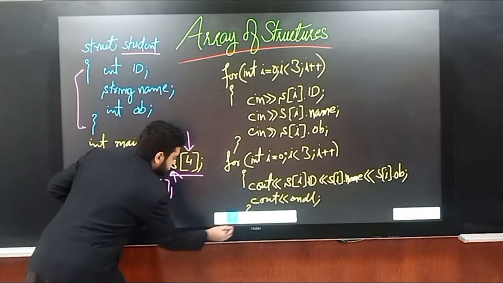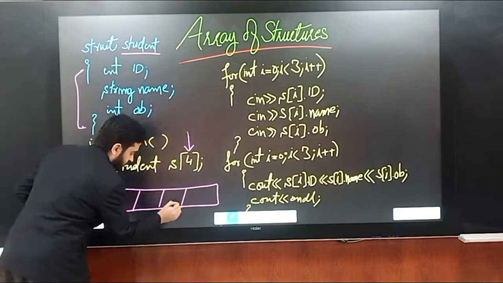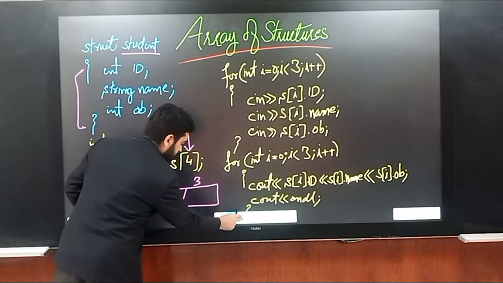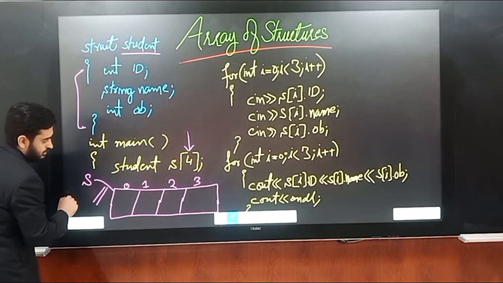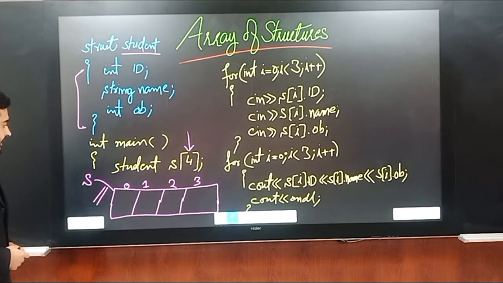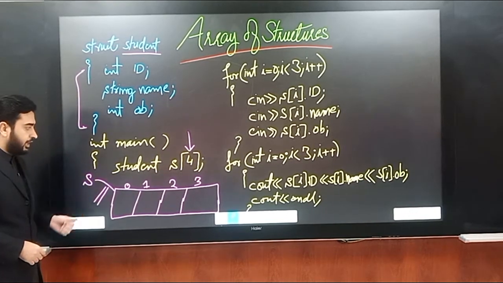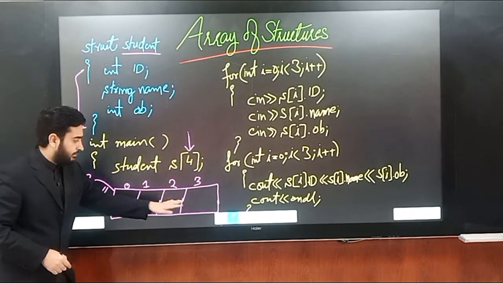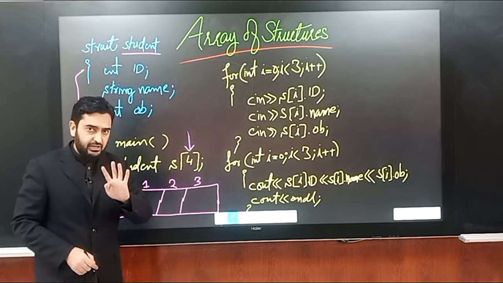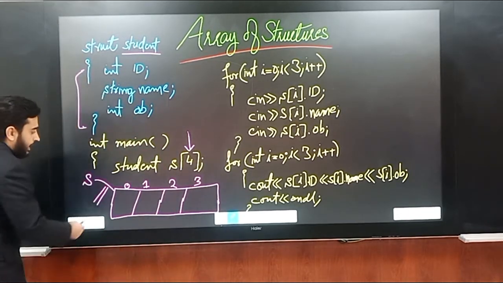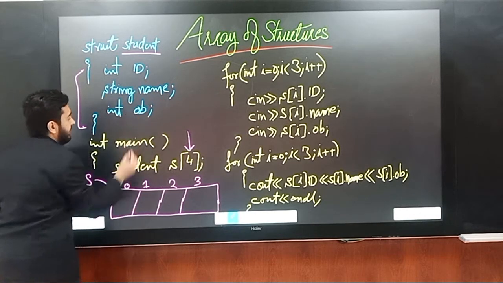Let me visualize this. This is the visualization of the array of size 4 for variable identifier S. We have defined this with 4 elements, 4 slots having index numbers starting from 0, 1, 2 and 3. So we have 4 indices starting from 0. Each index has a copy of ID, name and obtained marks.